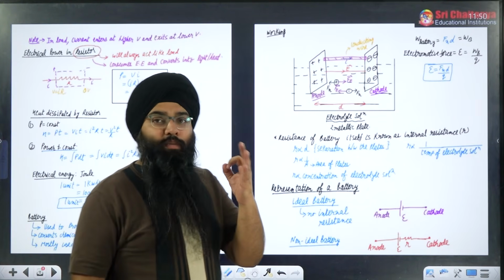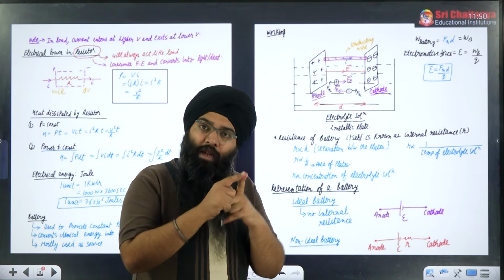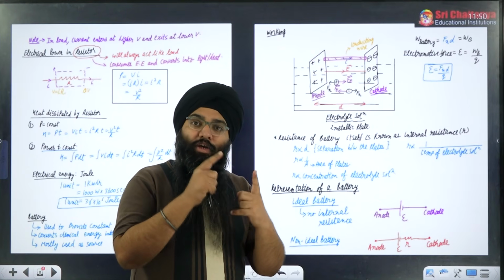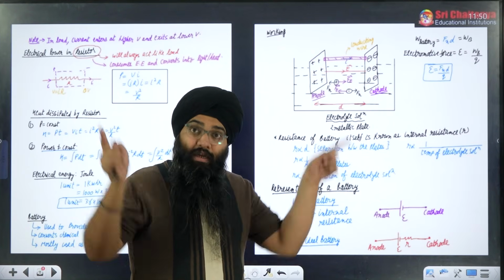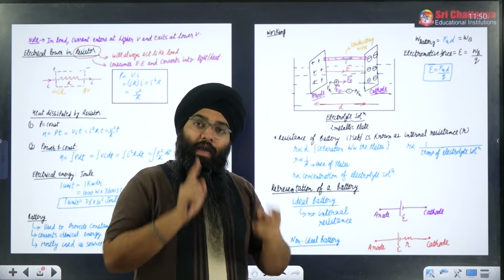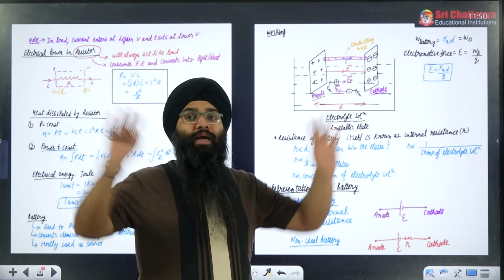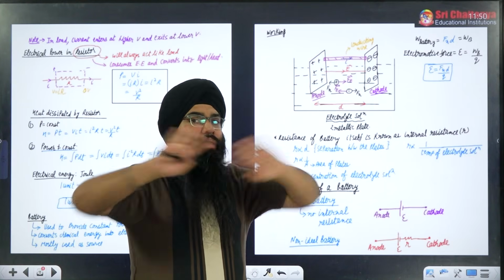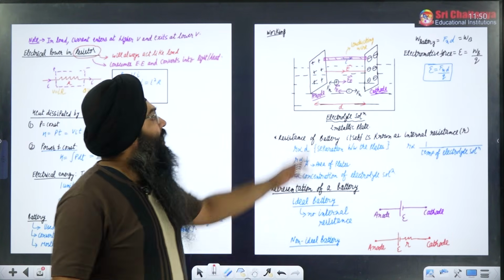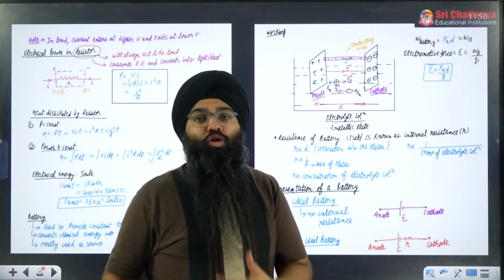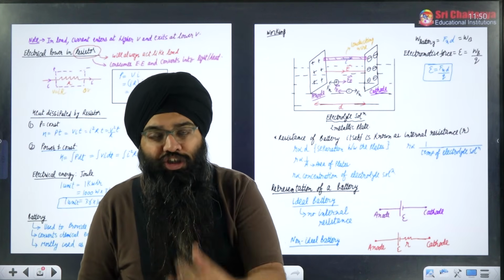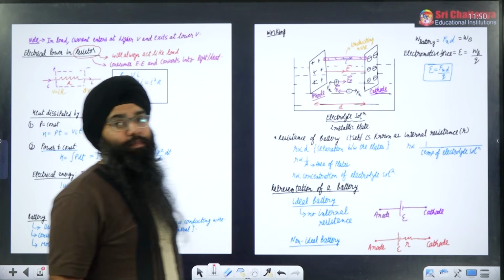So 3 things you have to remember. One is terminal voltage, the potential difference across the terminals of the battery when an external circuit is connected. EMF is the potential difference across the terminals when no external circuit is connected and current is not flowing. And internal resistance is the resistance offered by the electrolytic solution of that cell.